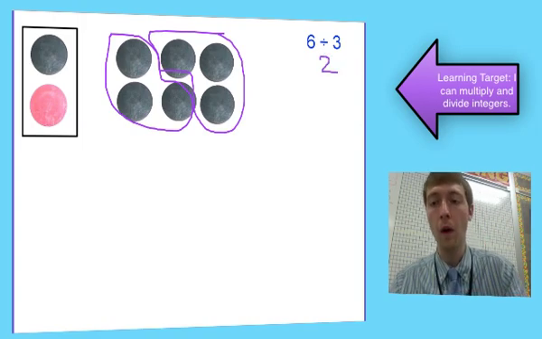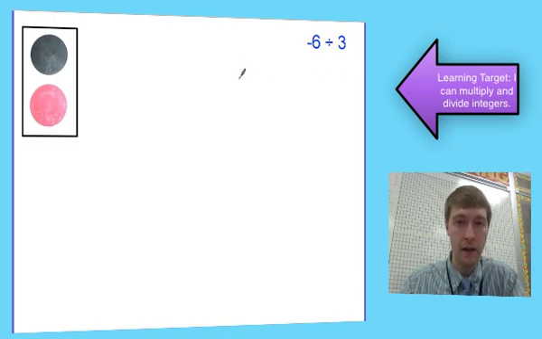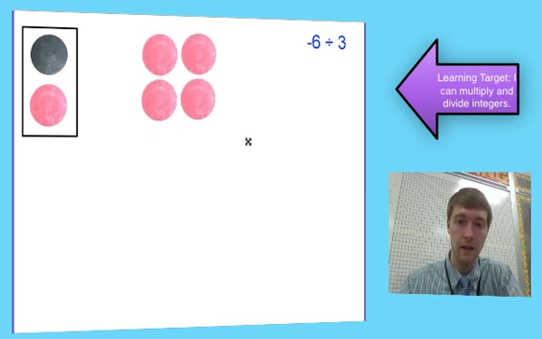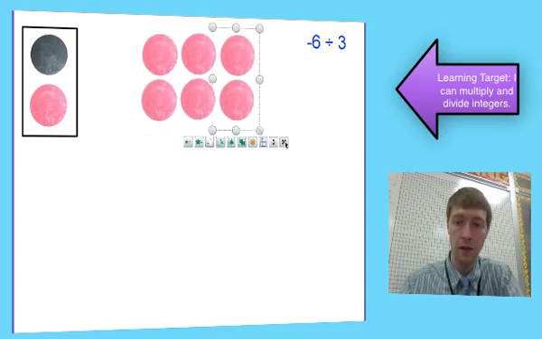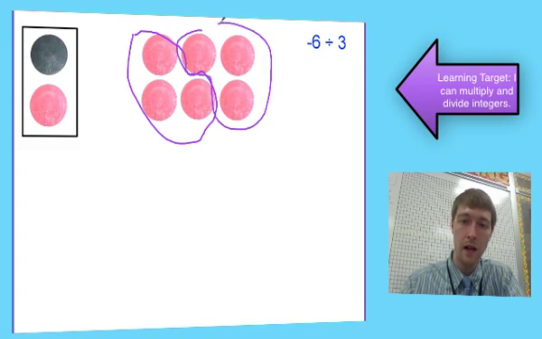But what if I have a negative number here? What if I have a negative divided by a positive, or a positive divided by a negative? It doesn't really matter. Well, let's say I have a group of 6, and I divide it into groups of 3. Well, watch what happens. Again, I still have 2 groups, but this time, notice what's inside my groups.